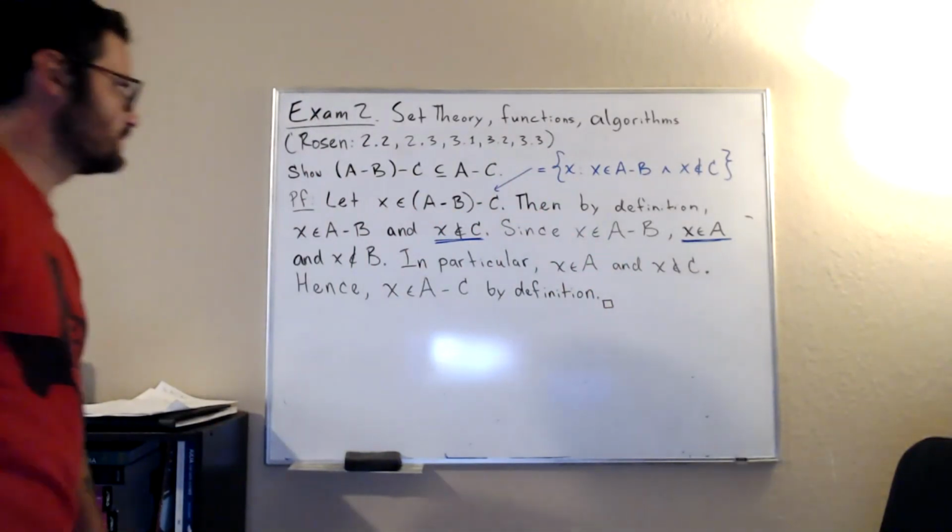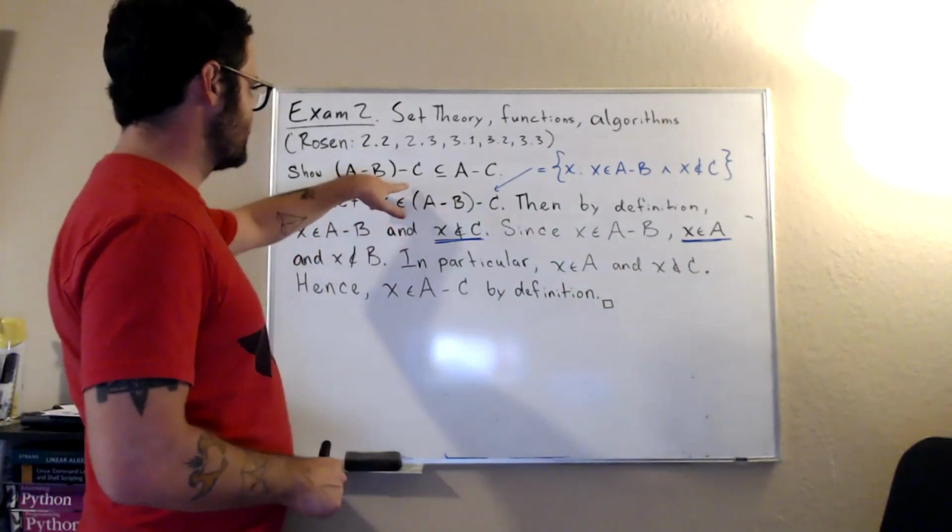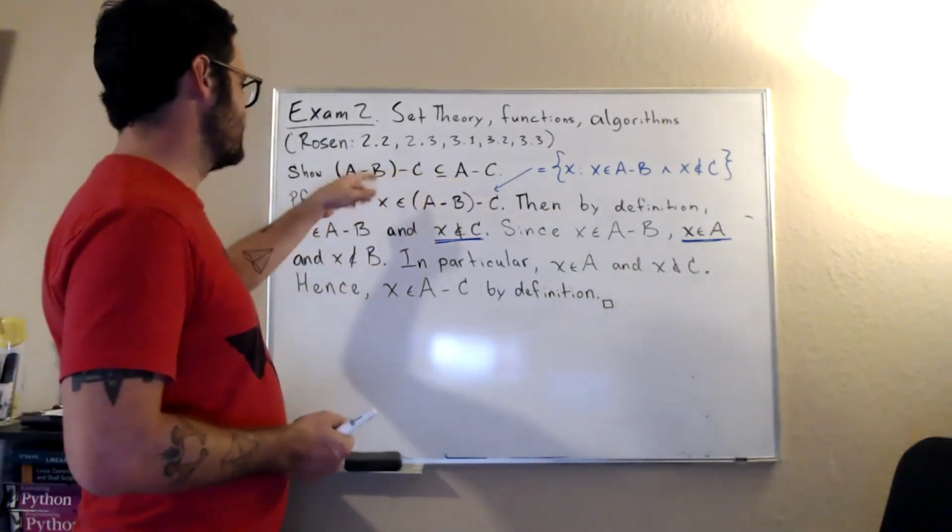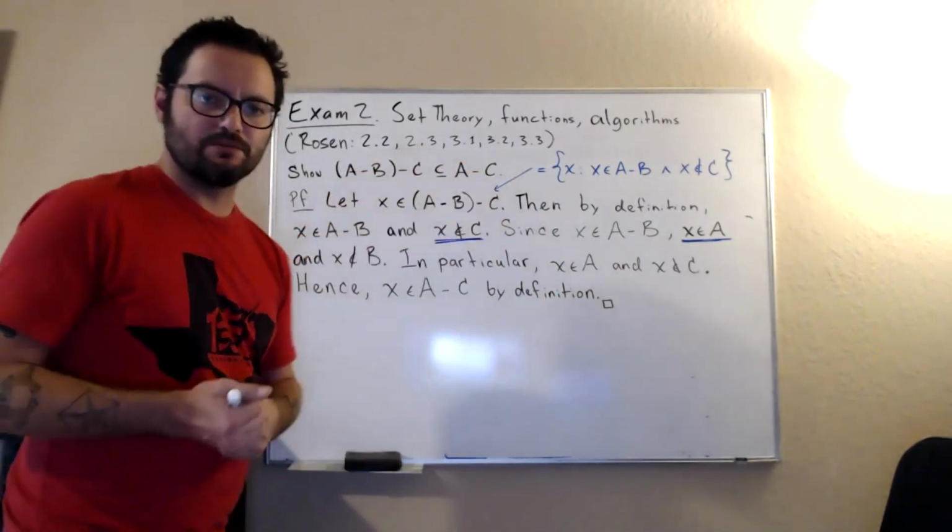Okay. So again, to show that a given set is a subset of another set, you pick something in the first one and show that it must be in the other one.